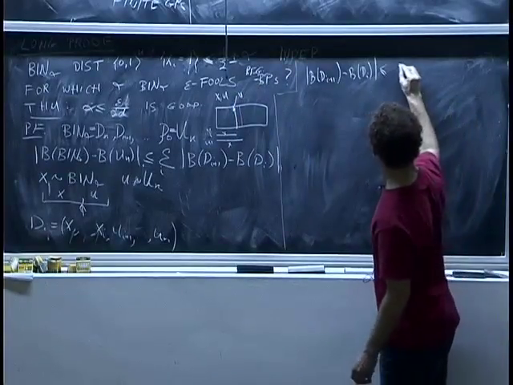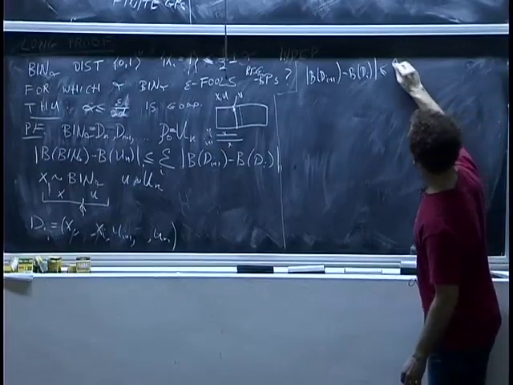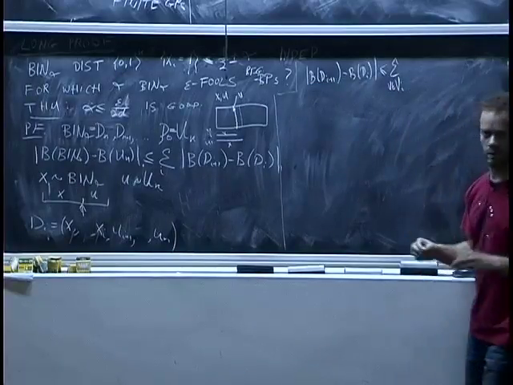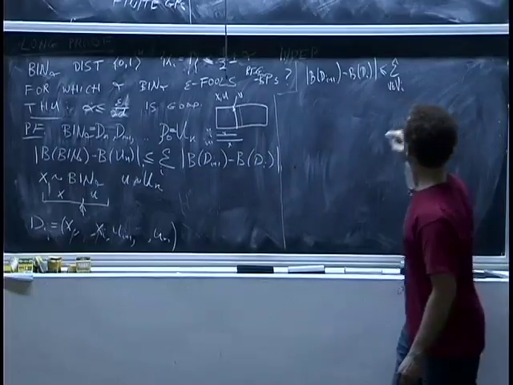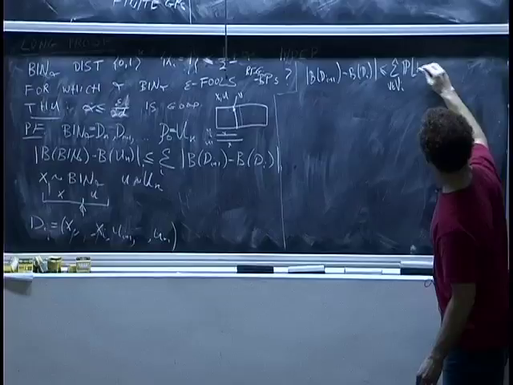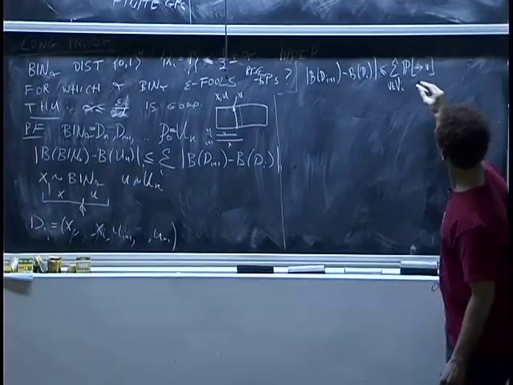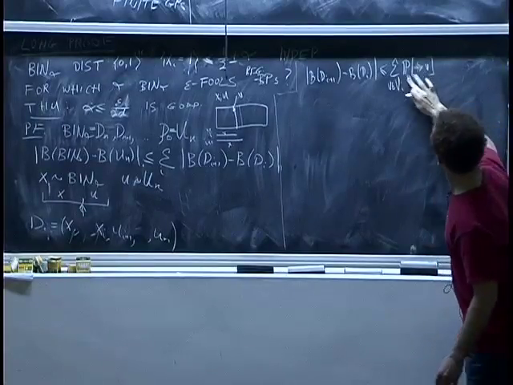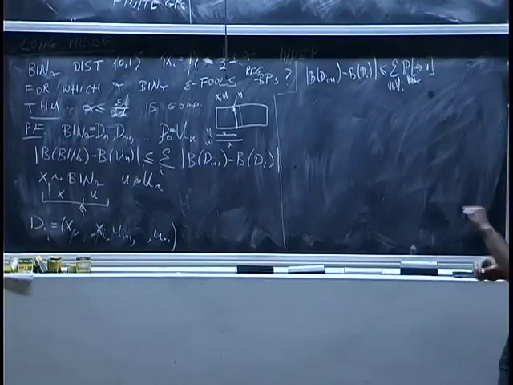There isn't much room, so I'll write it concisely. We go over vertices in this layer. We have the probability of reaching this vertex according to D, the binomial alpha distribution.